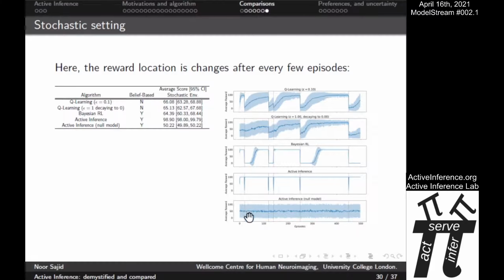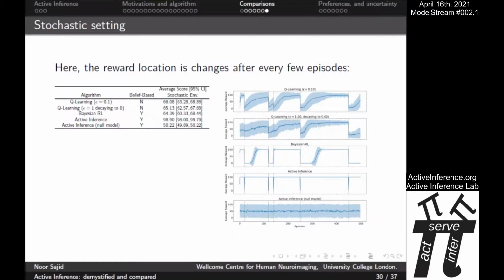You can see that in these figures where the gray lines are shown; at these points, the reward location flipped. Like the stationary setting, for the first 20 trials all the agents seem to be doing as you would expect. Both the Bayesian RL and the active inference agents are doing fairly okay. The Q-learning with the fixed exploration set to 0.1 is doing fairly okay, as we saw before, and the Q-learning with the decaying exploration is doing as it was doing before.